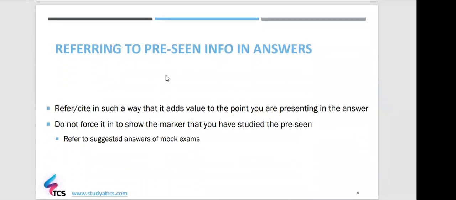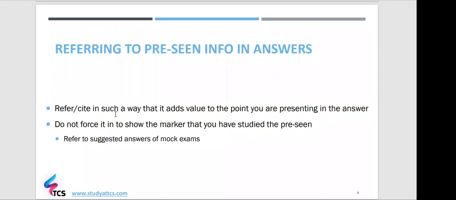Okay, right. Referring to the pre-seen info in answers, how are you supposed to refer to information which is brought in from the pre-seen in your answers? Refer or cite in such a way that it adds value to the point you are presenting in the answer. Just because you know certain points which are highlighted in the pre-seen, you are not supposed to mention irrelevant information.